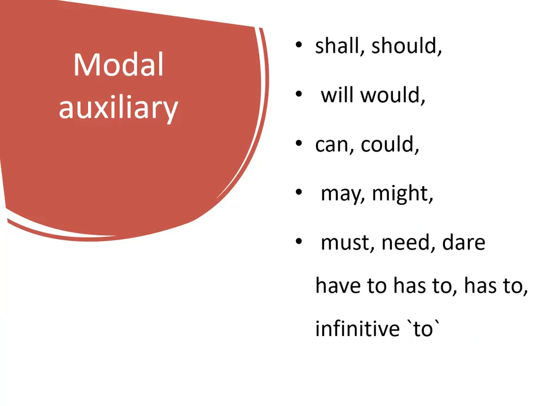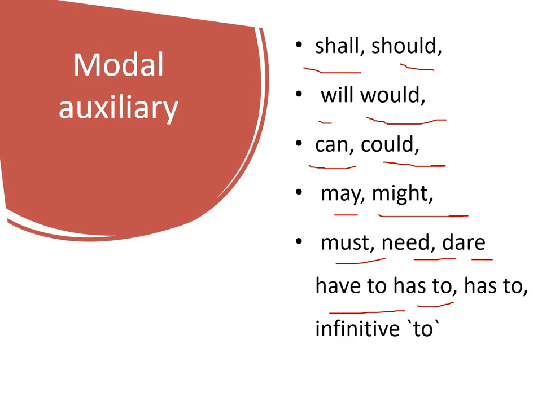So this is the list of some modal auxiliary verbs. This is written in a rhythmic way: shall, should, will, would, can, could, may, might. Shall, should, will, would, can, could, may, might. Must, need, dare, has to, have to, then also infinitive to. So these are the modal auxiliary verbs.